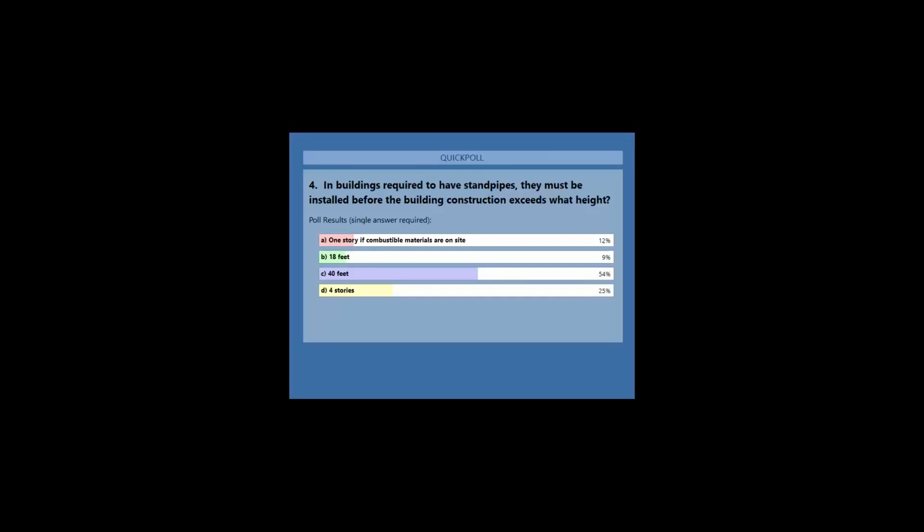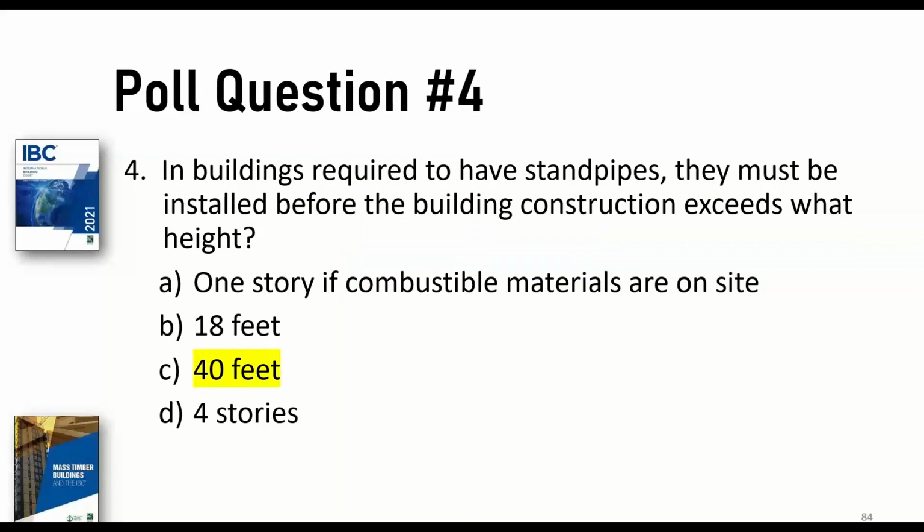All right, so 54% say 40 feet, 25% say 4 stories, 12% 1 story if combustible materials are on site, and 9% 18 feet. So Ray, what do you say is the right answer? The right answer is 40 feet.